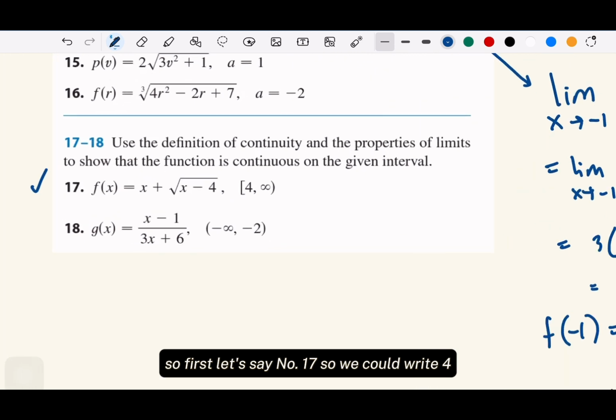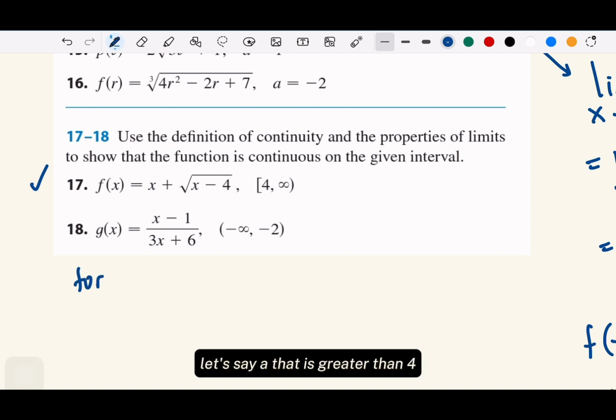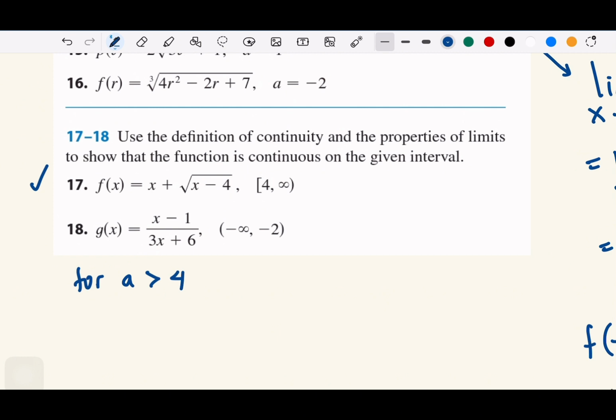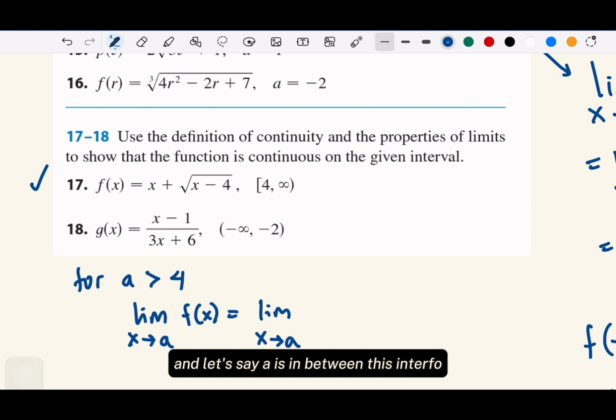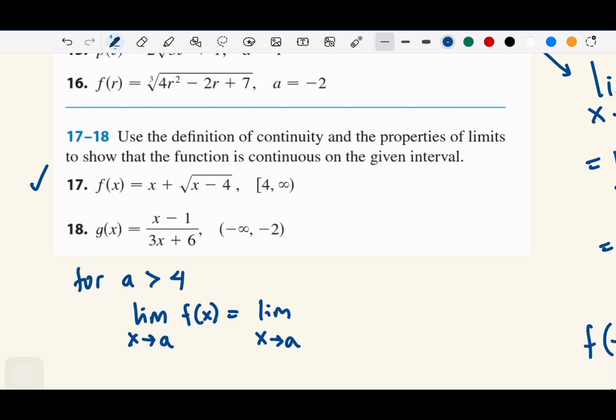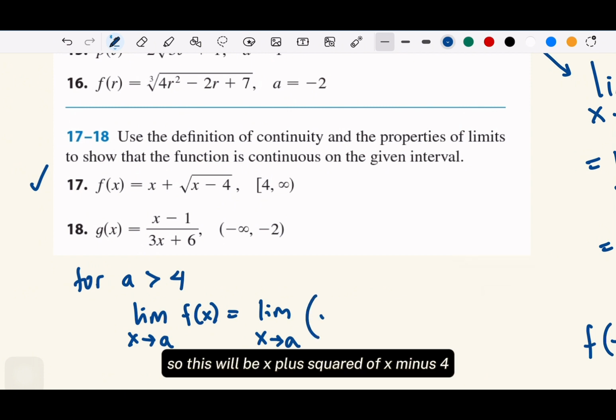So first, let's say number 17. We could write for a that is greater than 4, we need to say the limit as x approaching a. Now let me just write with a first. Again, let's say a is in this interval. So this will be x plus the square root of x minus 4.